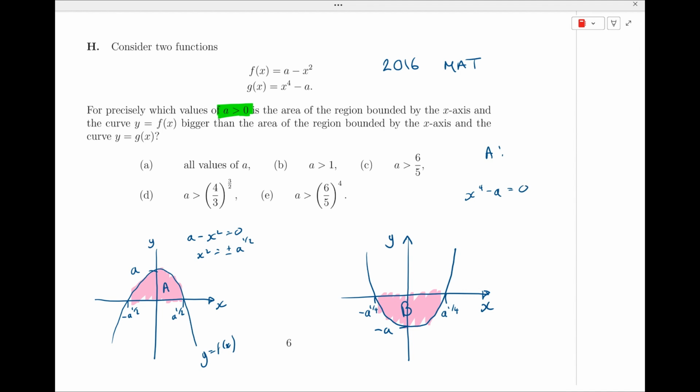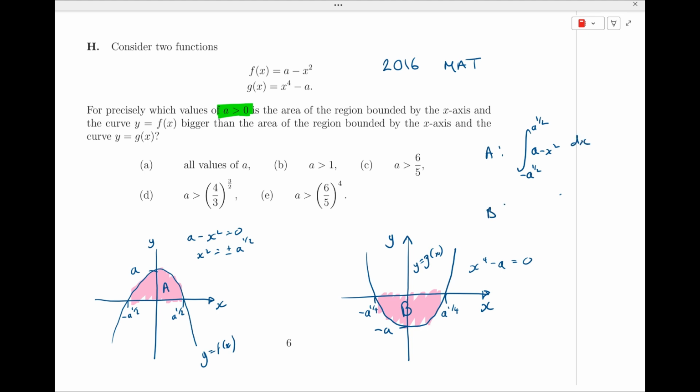Now, the issue here is that because we're comparing areas, when I integrate between these two values for y equals g of x, I'm actually going to get a negative value, but it's not the negative that I want to compare. I want to compare the area. So my area A is going to be the integral of a minus x squared between minus a to the half and a to the half dx.